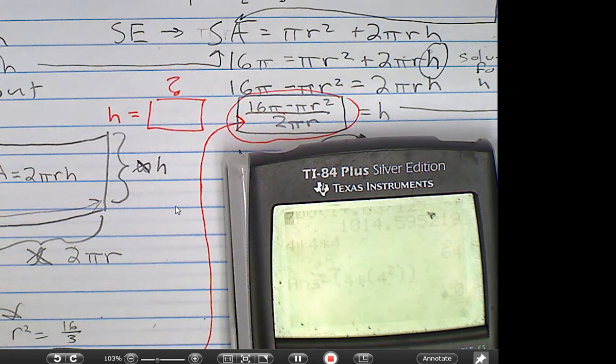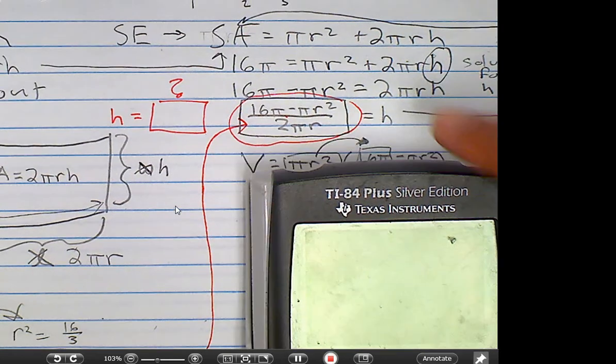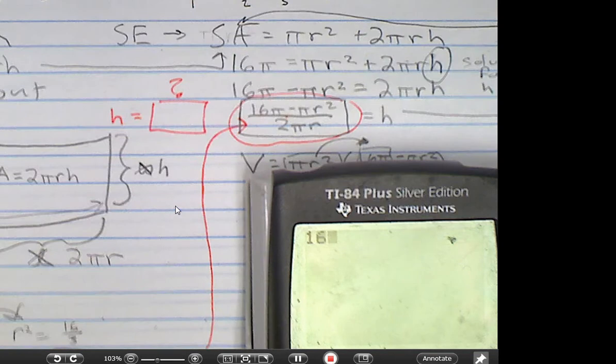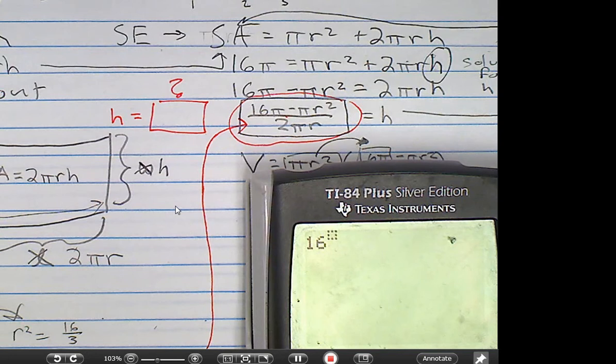If we're using this equation right here, that would be 16 pi, clear, 16 pi minus pi, parentheses 4 divided by the square root of 3.